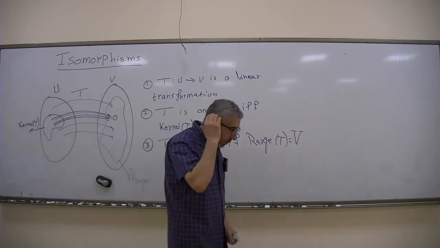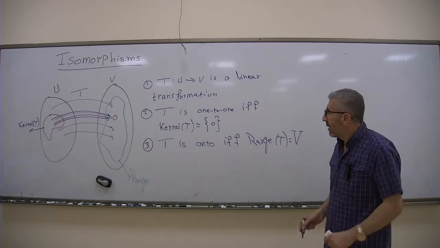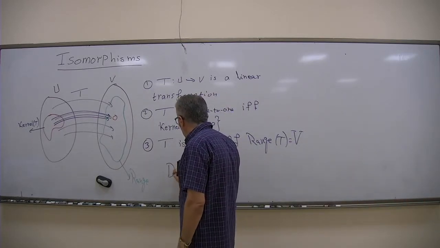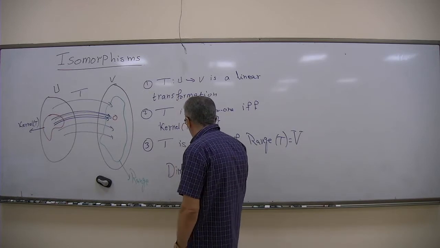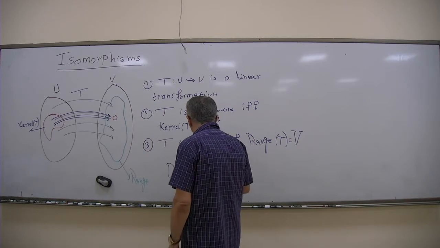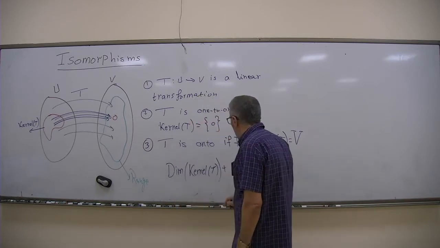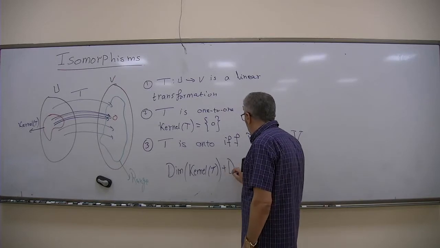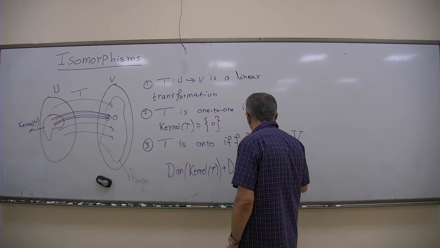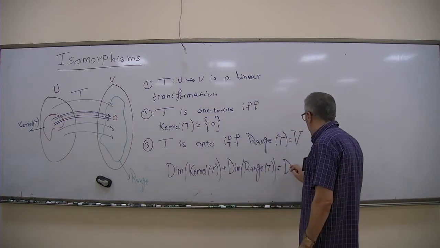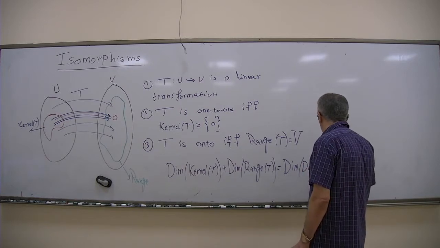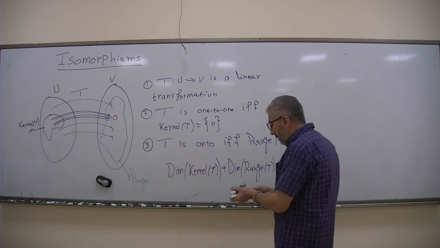Also, since we are doing our job in finite-dimensional vector spaces, we said nullity of T, which is the dimension of the kernel of T, plus rank of T, which is the dimension of the range of T, equals the dimension of the domain of T. This is a very important theorem.